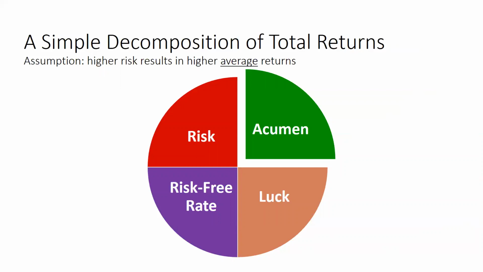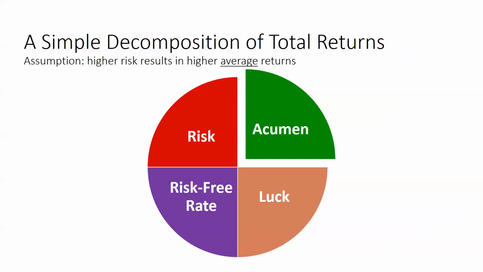Some part of the returns that we're seeing are simply compensation for risk. If we just focus on the western half of the pie, some of the total returns to an actively managed portfolio can be attributed simply to the risk-free rate. Some of it can be attributed to the risk that the portfolio manager is taking. But now focus on the eastern half of the pie here on the right side.